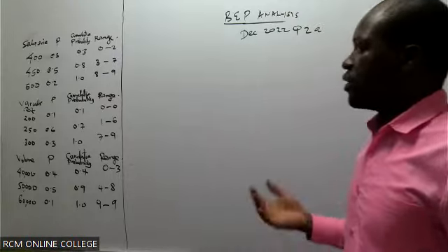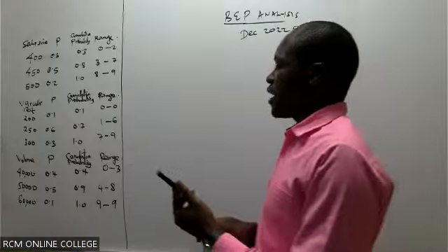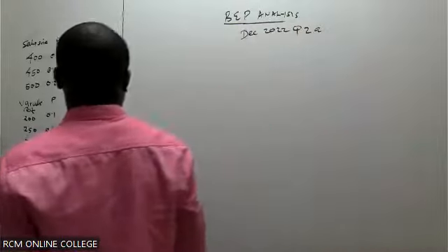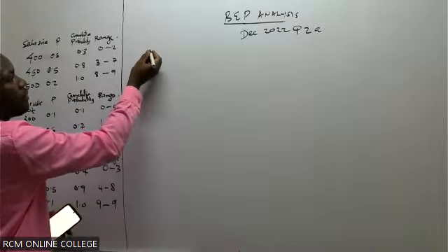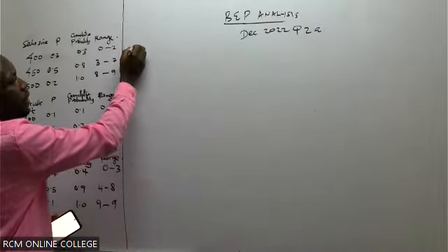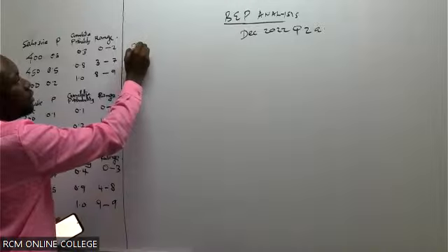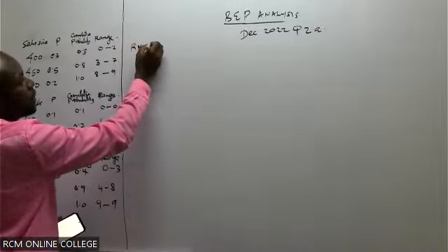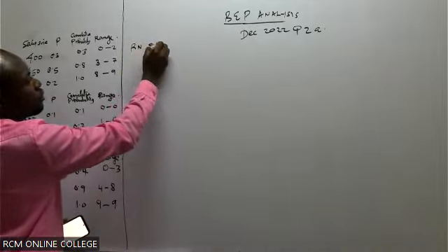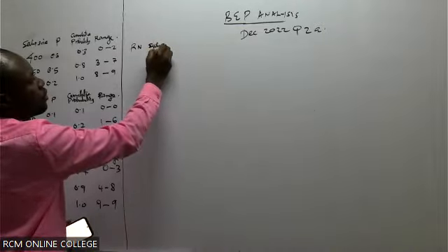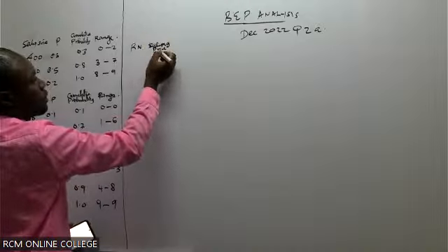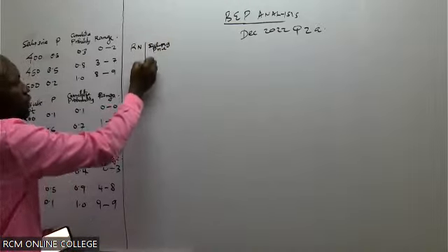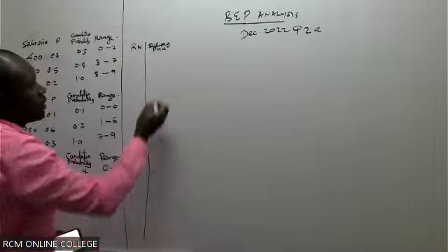So are we able to do that? You first of all come here and give us the random numbers here. So we have number 1 to 10. So we have random numbers for the selling price. Is it? So we have RN, and of course, we have selling price. So the random numbers, we are going to have them again all the way to number 10.